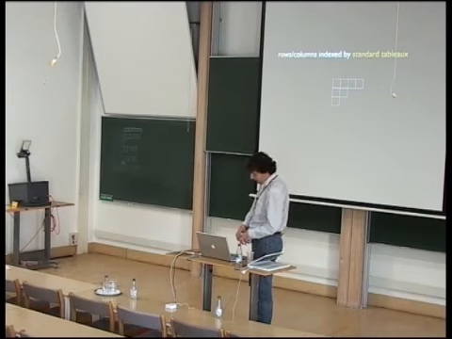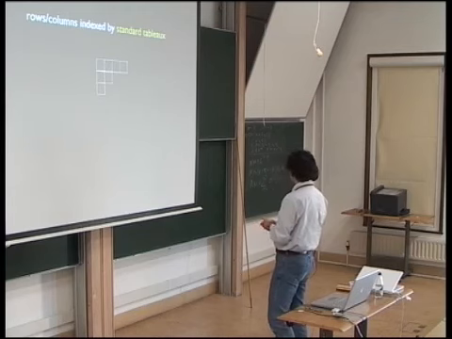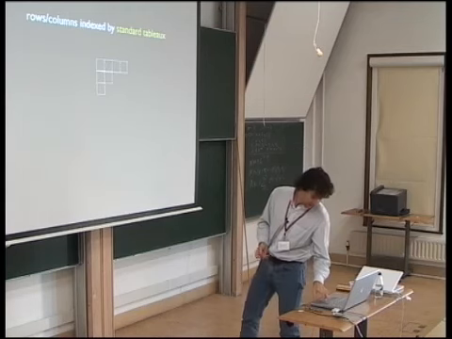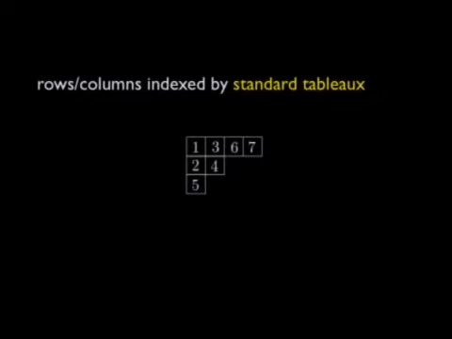Okay, and now there's more stuff. The next thing to worry about is, of course, how big are these matrices? So it's all right that we can now enumerate all the different Fourier components, but we still don't know how big they are going to be. And it turns out that's going to be given by how many ways you can fill these diagrams with the numbers 1 to n according to an extra rule that they must increase from left to right and top to bottom.